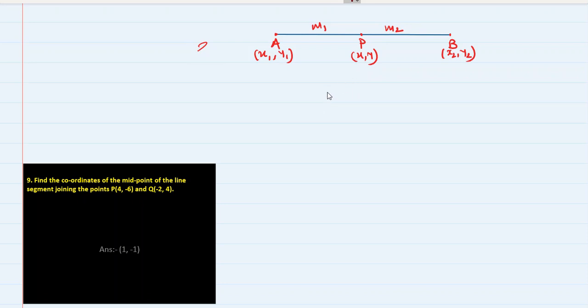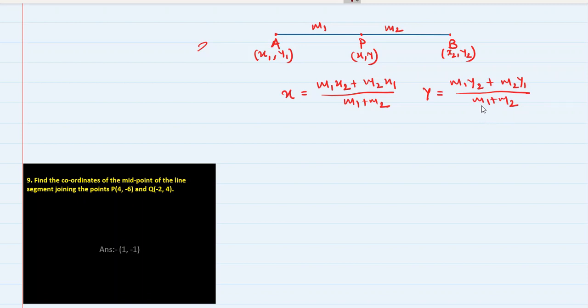Then we can certainly find the coordinates of point P, that is the value of x and the value of y, that is m1 x2 plus m2 x1 upon m1 plus m2 and m1 y2 plus m2 y1 upon m1 plus m2.